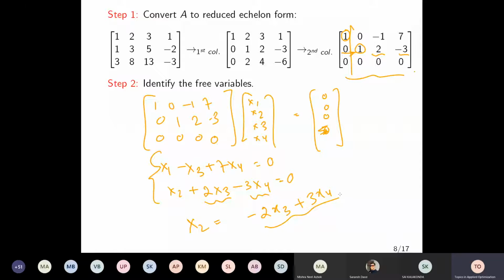Choose x3 whatever you want, it doesn't matter. So x3 I can choose as t, and x4 I can choose as s. So I can choose any t and s, and that is why it is called free, because I'm allowed to choose any.